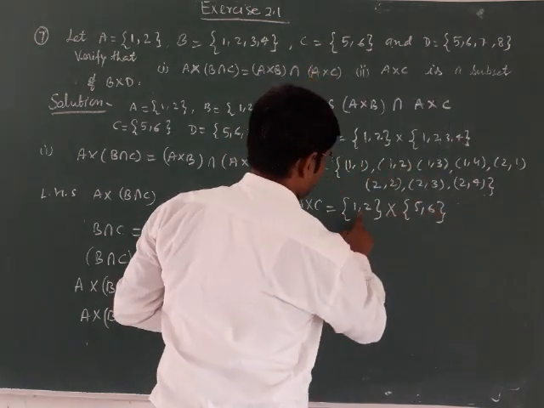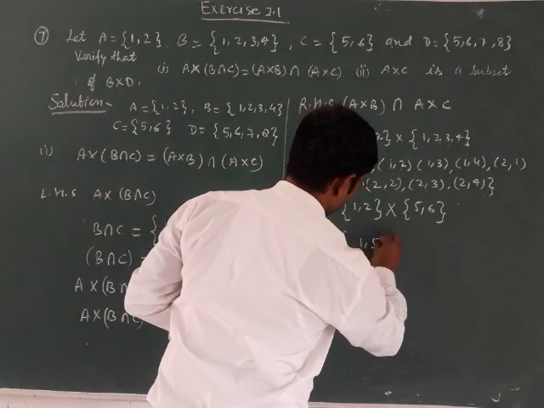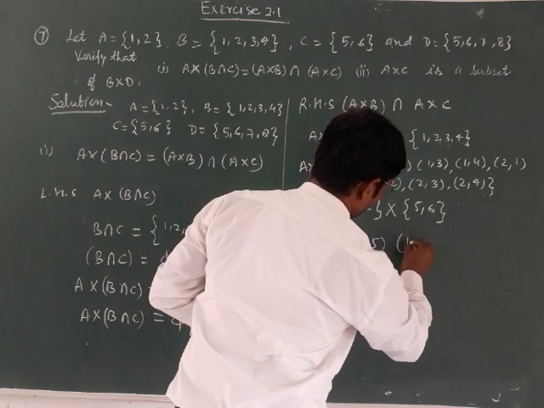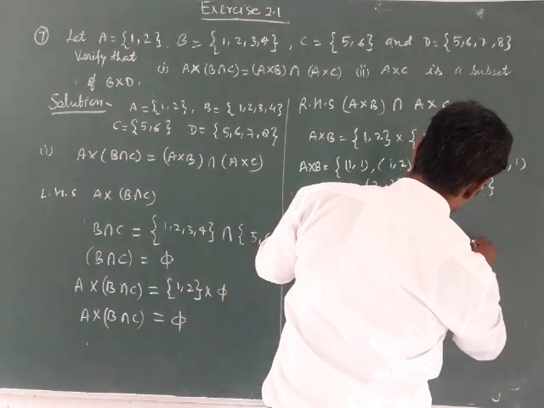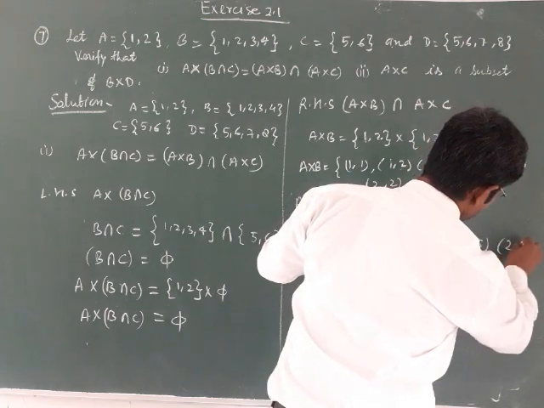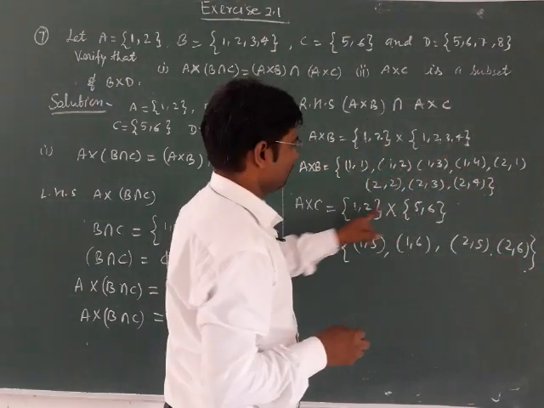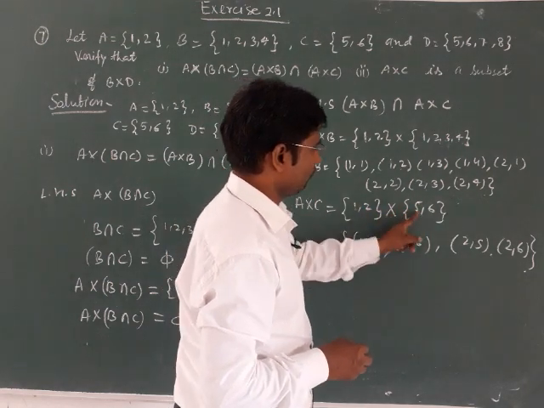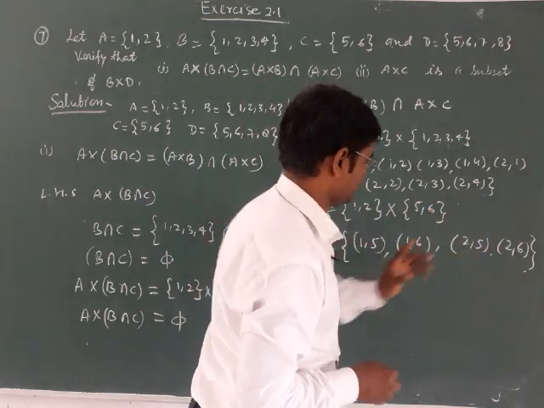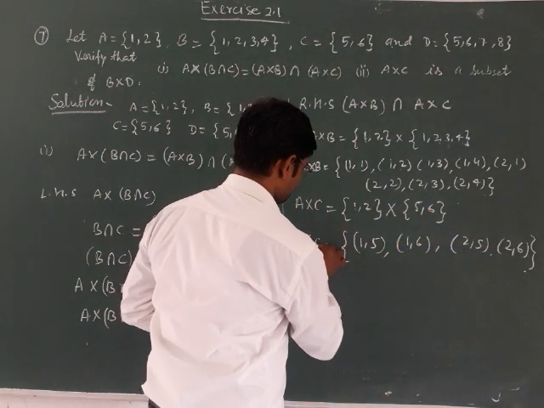So the ordered pairs are 1, 5 and 1, 6 and 2, 5 and 2, 6. This is the Cartesian product A cross C.